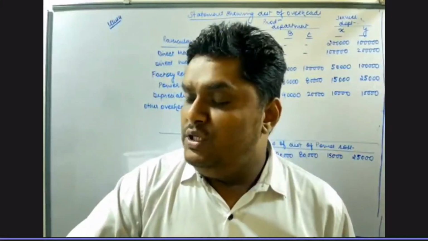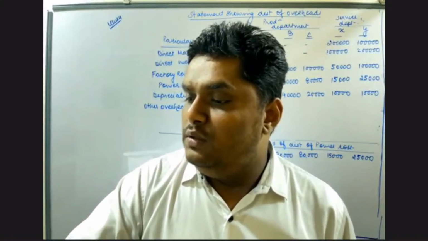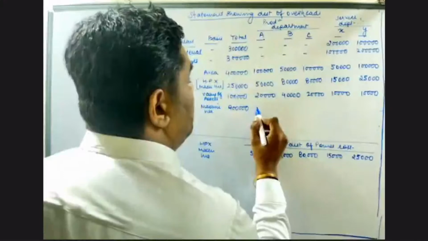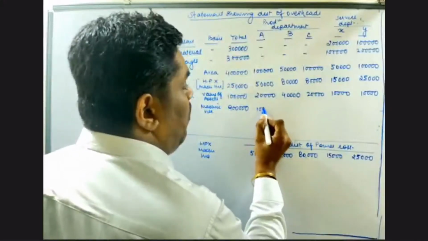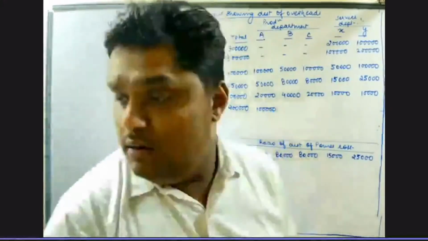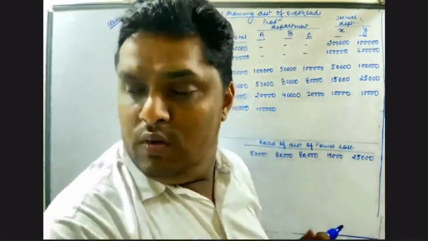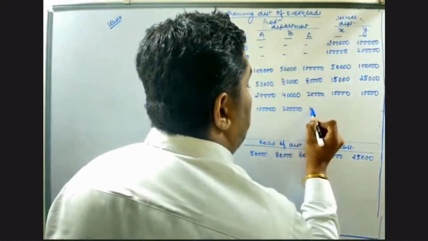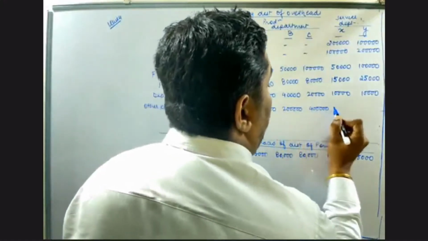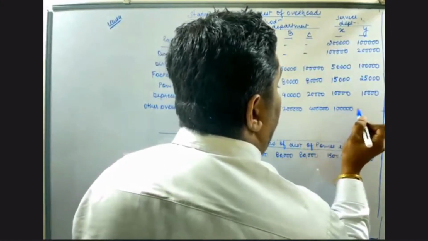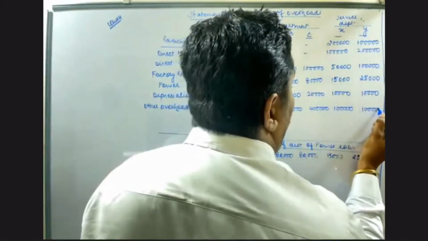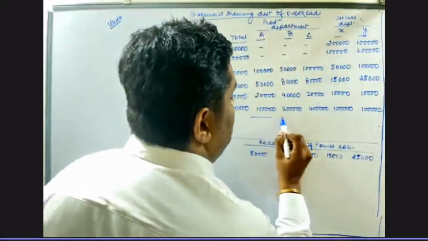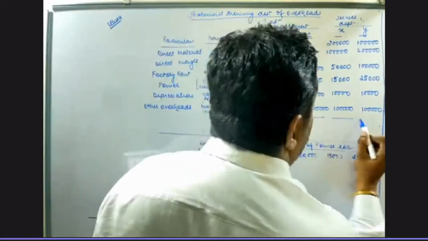So herein the machine hours are 2 plus 1, 3. So again, this will be 1 lakh. So these are the total overheads as distributed after allocation and apportionment.